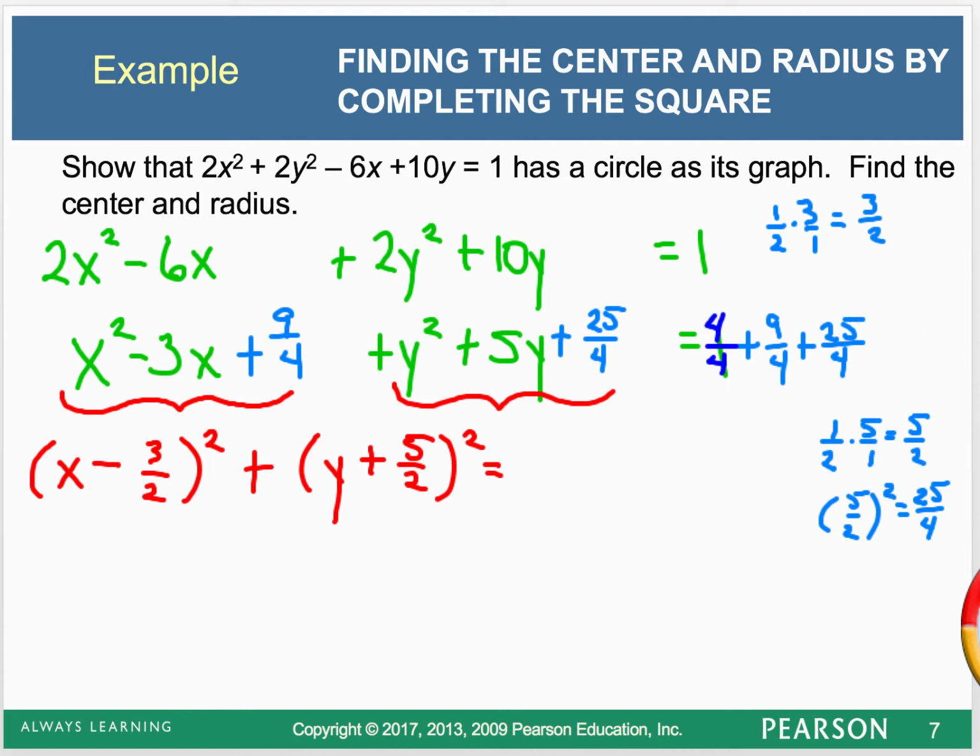Now that they all have the same denominator, I can keep that denominator and just add all the numerators. So 25, 29, 38 over 4.